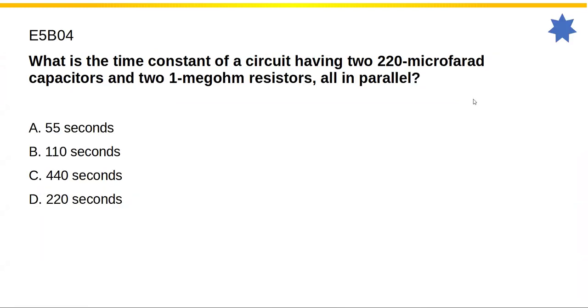What's the time constant of a circuit having 2 220 microfarad capacitors and 2 1 megohm resistors? They say all in parallel, but they mean the 2 capacitors are in parallel and the 2 resistors are in parallel, but they're in series. In other words, you've got 2 resistors and 2 capacitors.